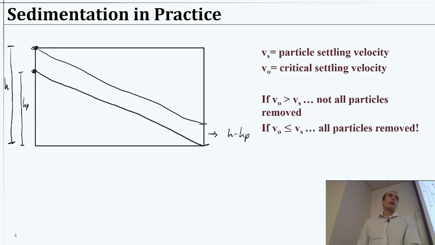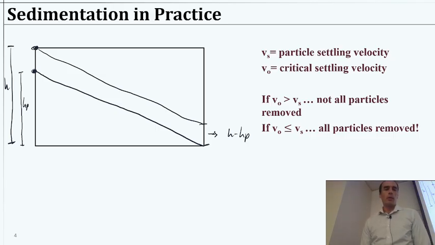And that means that if the difference here, if HP was, let's say, 90% of H, we're actually removing 90% of the particles in this scenario. So it turns out to be a very convenient type of a deal to calculate or figure out how many particles we are actually going to remove.